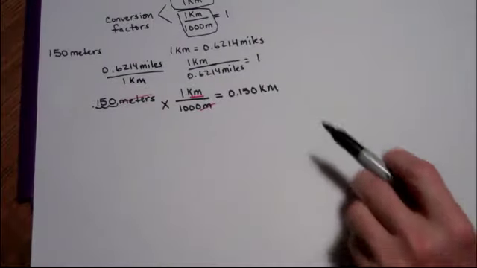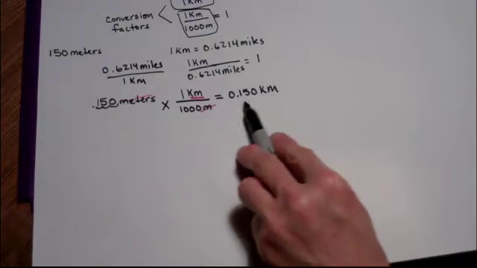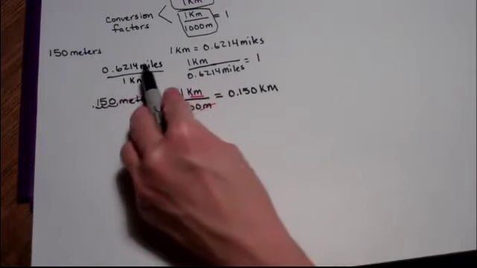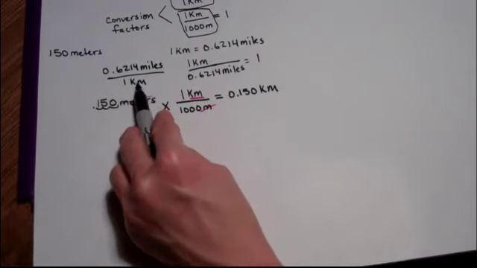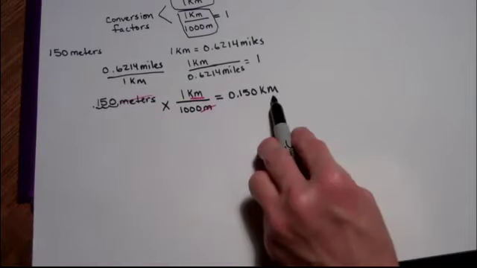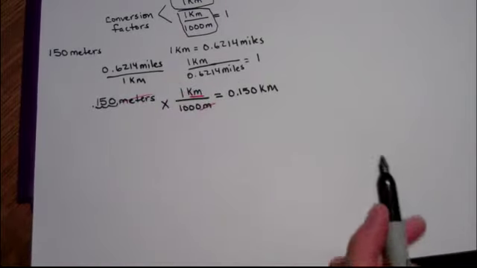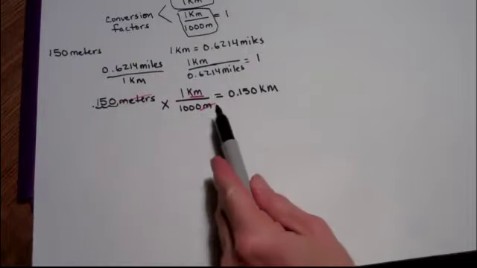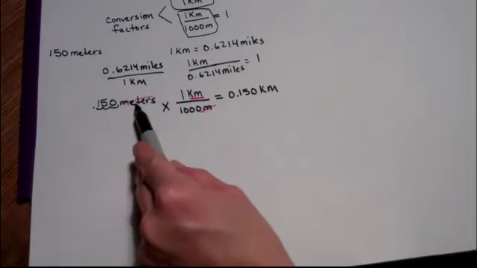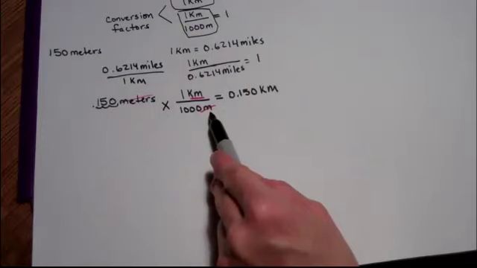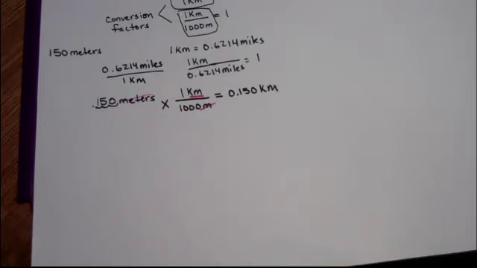If we want to convert this from kilometers into miles, we're going to want to have miles on top and kilometers on the bottom so that the kilometers will cancel out, and we'll be left with our answer in miles. So again, anytime you're doing these conversions, it's very important to write the units out so that you make sure that you have the correct units in the right place. So let's do this conversion so that we can get this into miles.